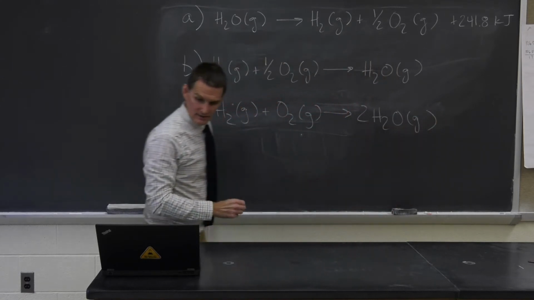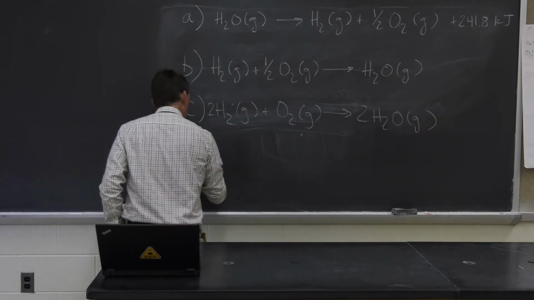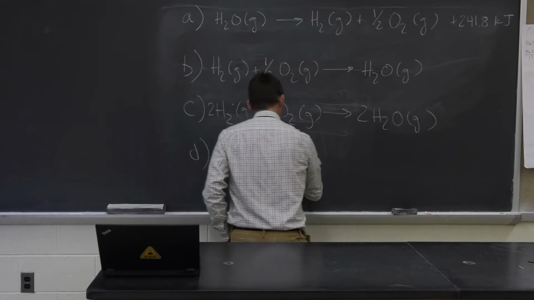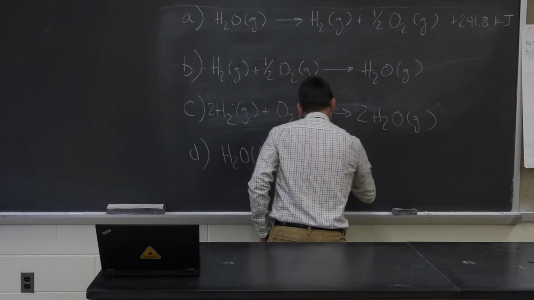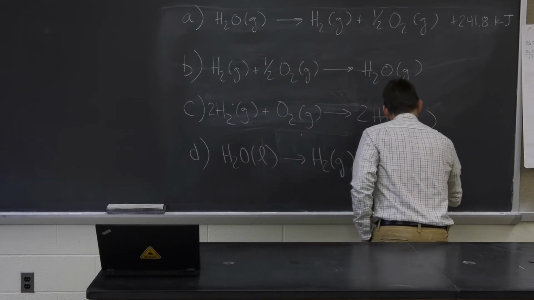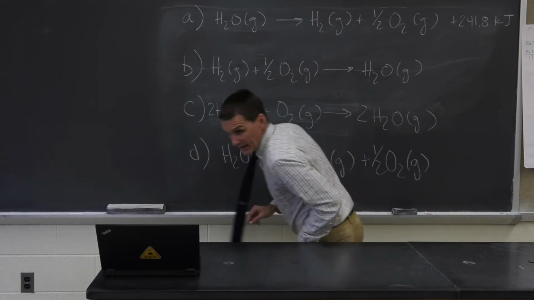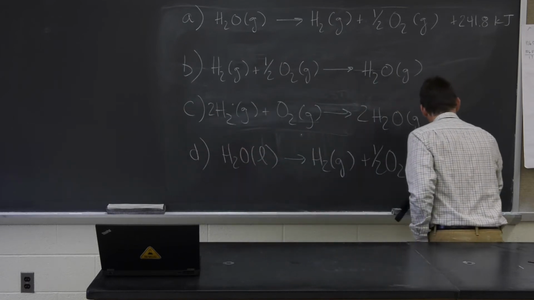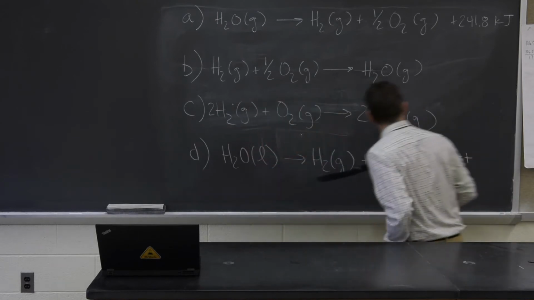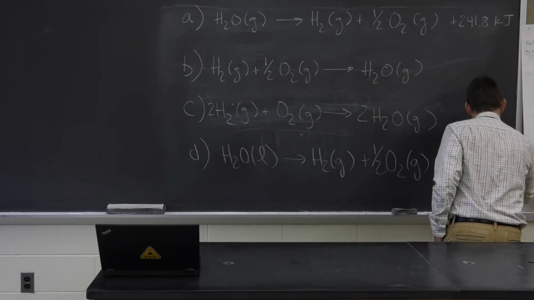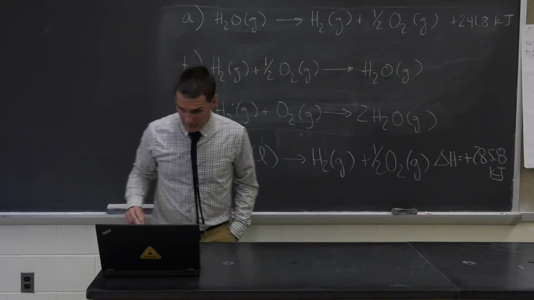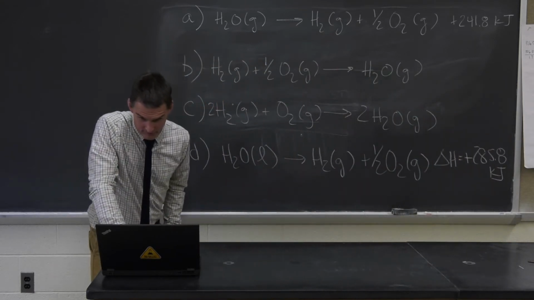And then finally, we have H2O liquid going to H2 gas plus half O2 gas. And next to this I have delta H is positive 285.8 kilojoules. Hope I had that right. I just want to make sure I've got everything set.